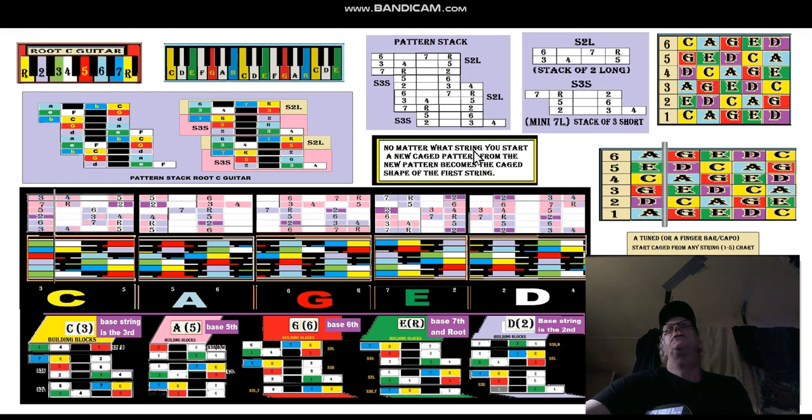No matter what string you start a CAGE pattern from, the new pattern becomes the CAGE shape of the first string, the top or the bottom string. But with the A shape, if you start on the A, you do an A-shaped D.